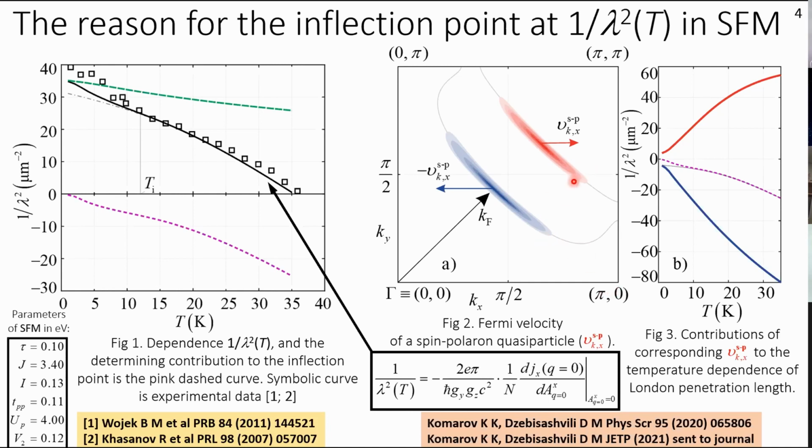This model, when we calculate the spectrum, has these two regions, and so we can explain the inflection point, both in theory and in experimental data, like this.